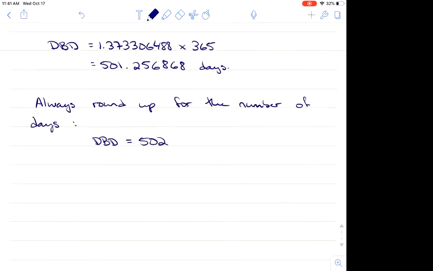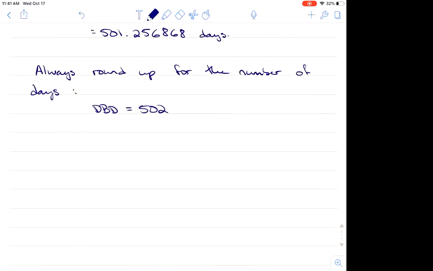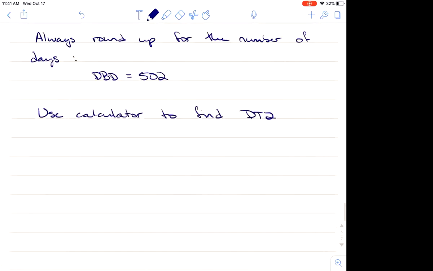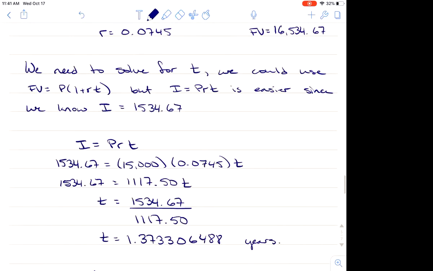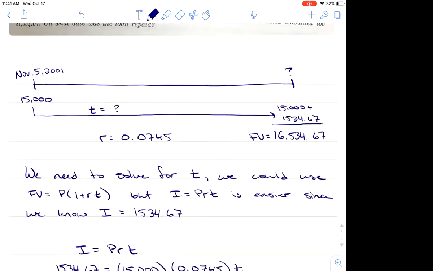Now we can use our calculator to find date 2. So we know date 1, in the format month, month, dot, day, day, year, year, was November 5th, 2001.